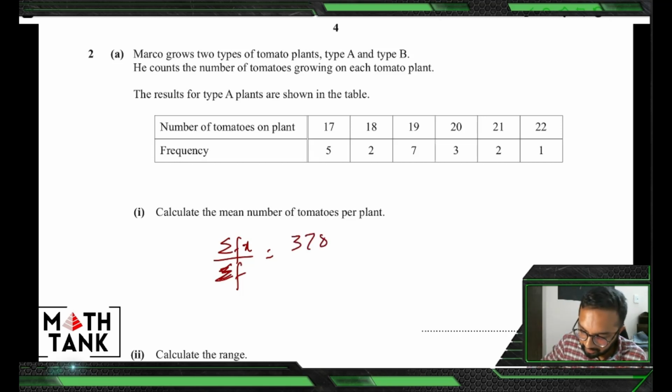378. Okay, what is the total number of plants? Oh, surprisingly that's not given. So 5 plus 2 plus 7 plus 3 plus 2 plus 1. 20. 17.9.